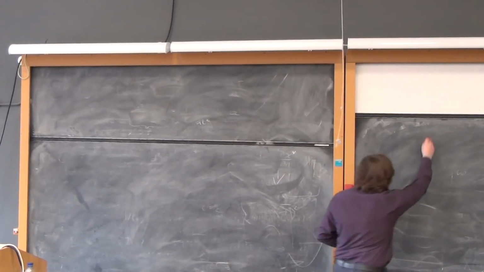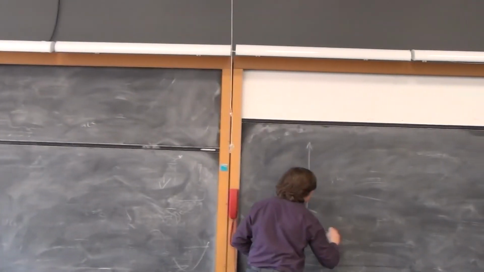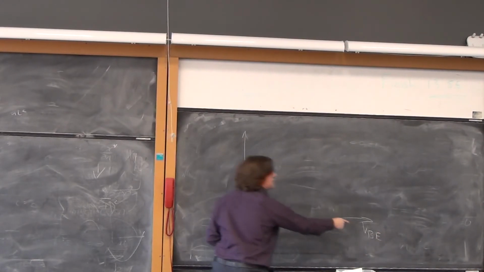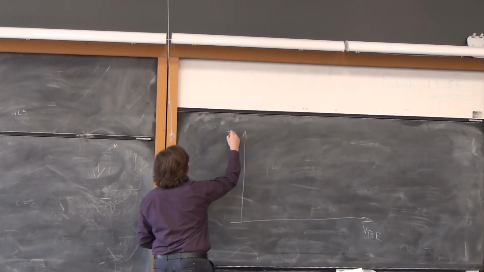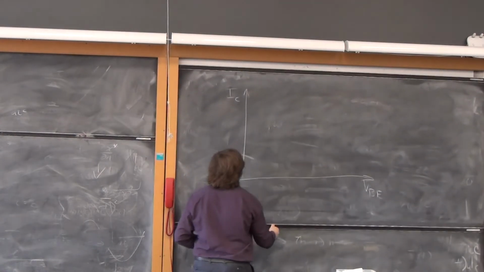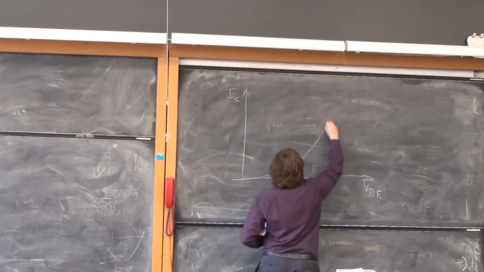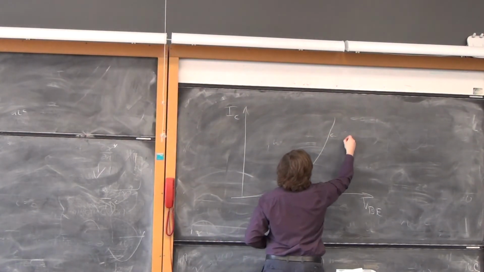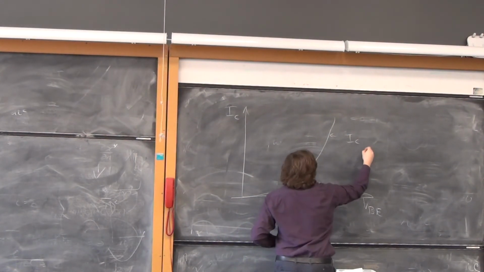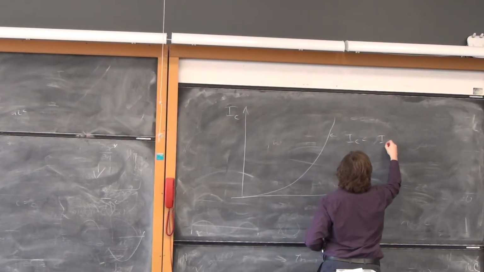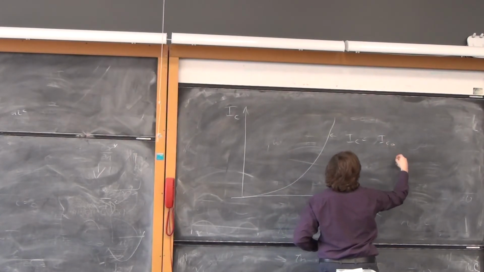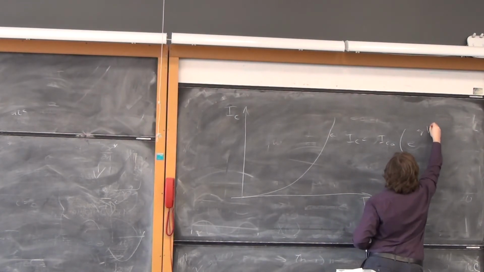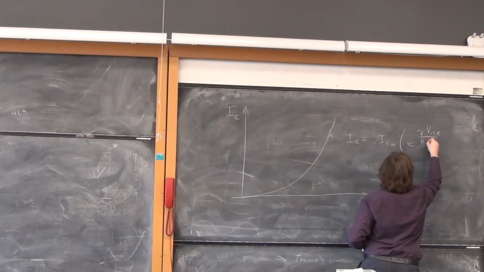When we're drawing this graph, this is VBE. Notice this is big VBE and this is big IC. And we had that sort of shape, and this is IC is equal to IS, or IC0 actually is what I usually call it, e to the q VBE upon kT, minus 1.